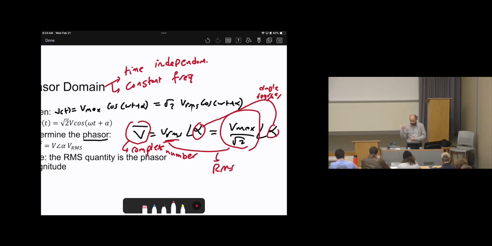The first thing is that the angle will be in degrees. The magnitude is the RMS value. If you have the max, just divide the max by square root of 2. Then the voltage will no longer be a function of time; it will be a constant. But this constant is a complex number. So we can convert that time expression into a complex number.